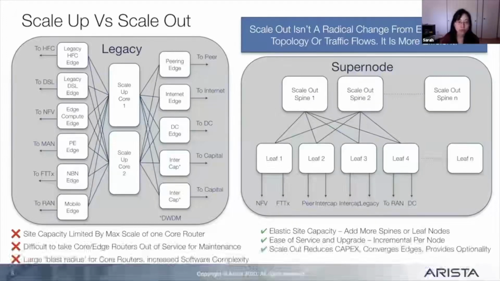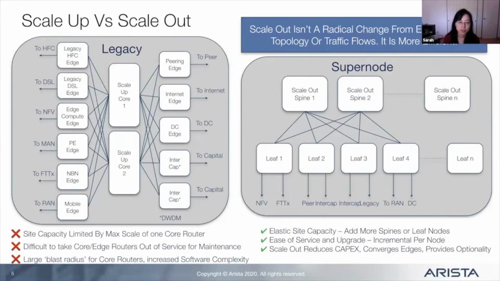So what do we get out of a supernode? On the left side is a legacy architecture. We see that everything is connected to two huge multi-chassis cores. These cores are very expensive, and they are vendor locked.